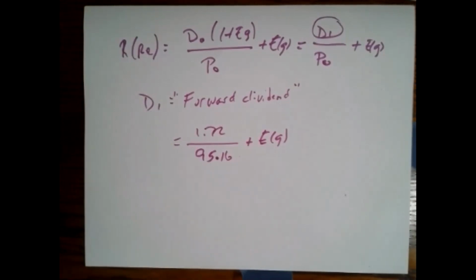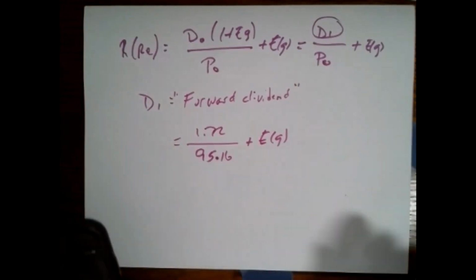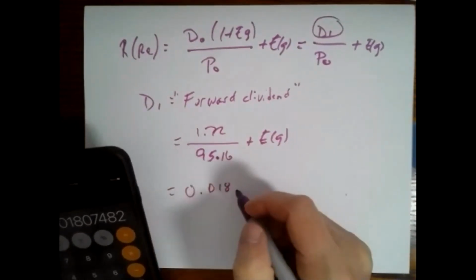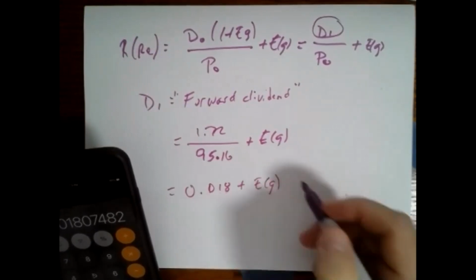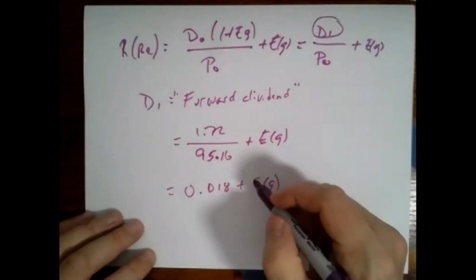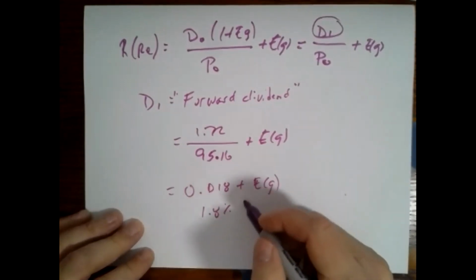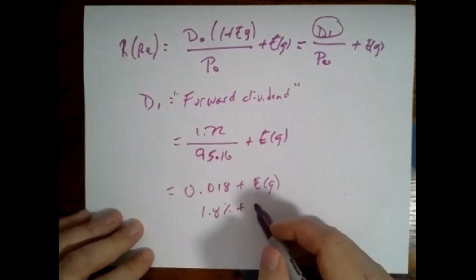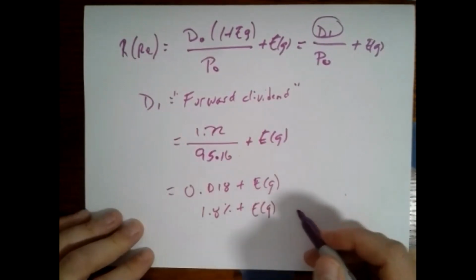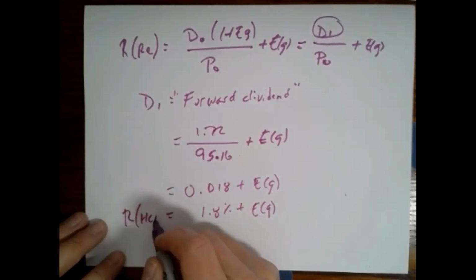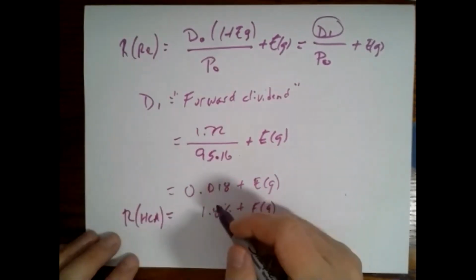So 1.72 divided by 95.16 is 0.018 plus EG. So right now that's 1.8%, and then we have some EG that we don't know that we would have to estimate in order to get the required rate of return on HCA's equity.